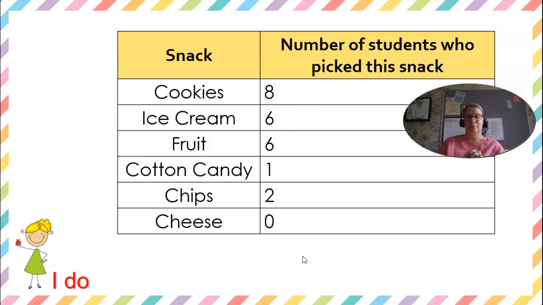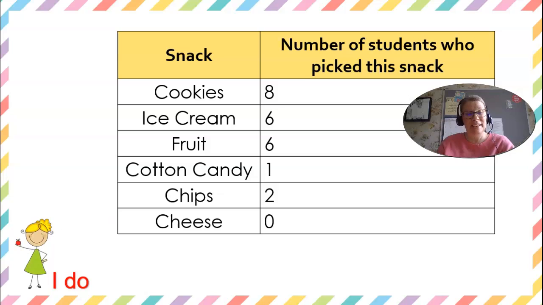All right, so 8 people picked cookies, and that is what I would pick too. 6 people picked ice cream, 6 people picked fruit, 1 person said cotton candy, 2 people said chips, and 0 picked cheese. Now, I really like cheese, but if I had to pick between cookies and cheese, I'd pick cookies.